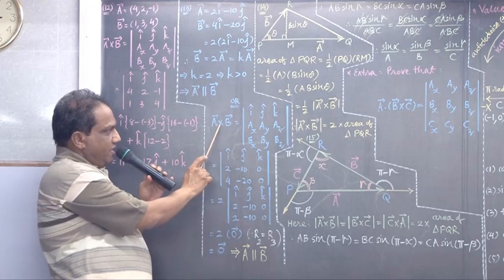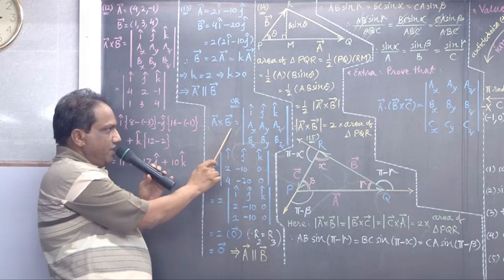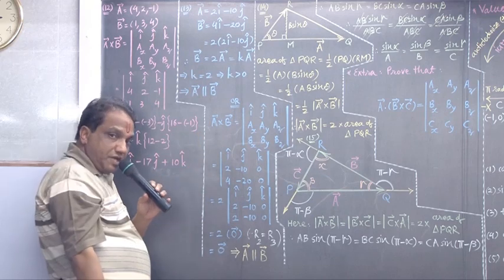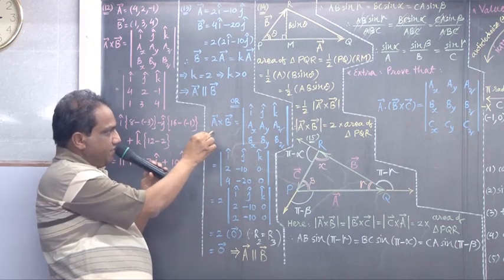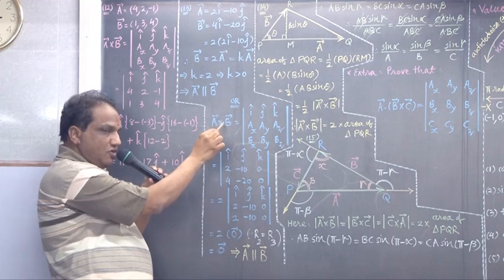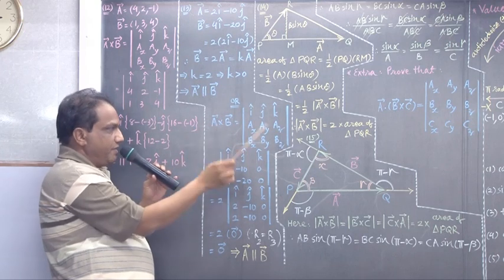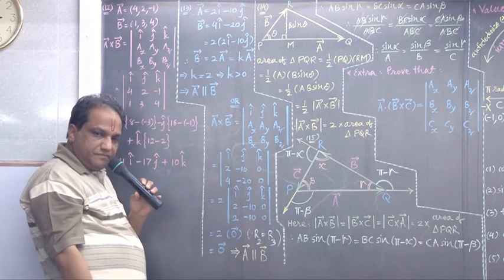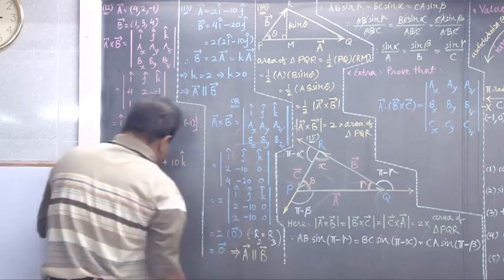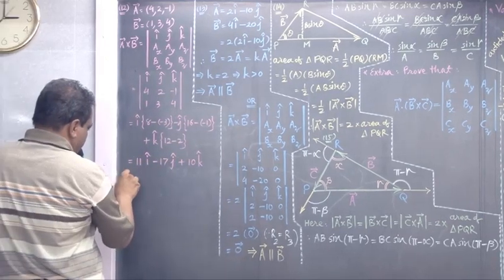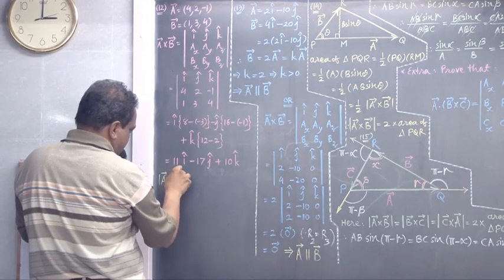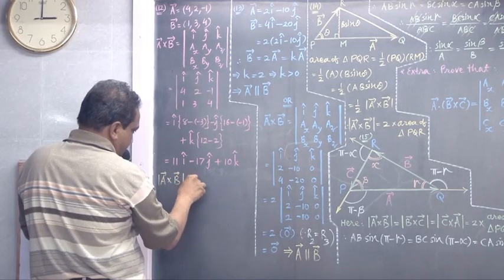Whenever the cross product of two vectors is the zero vector, it has two meanings. Vector A is either parallel to vector B, or anti-parallel to vector B. Because what is the magnitude of vector A cross vector B? By definition, AB sin theta.